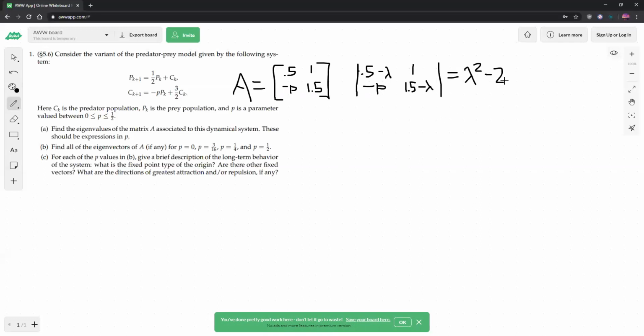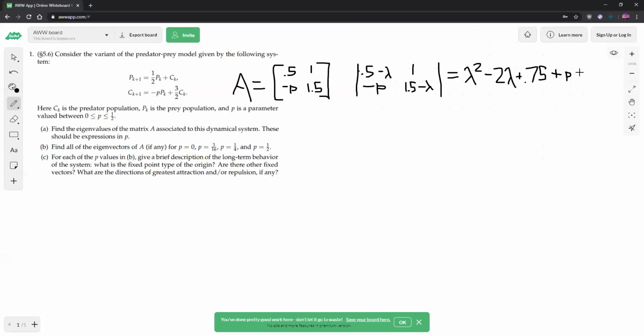That's going to give us a negative 2 lambda. Then we are going to get the constant 0.5 times 1.5, which is just going to be 0.75. And then we're going to get our P, and that's going to come in as a plus because we're subtracting the off diagonal. So there it is.